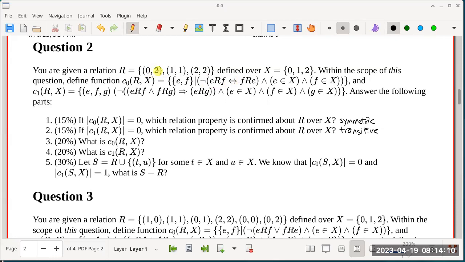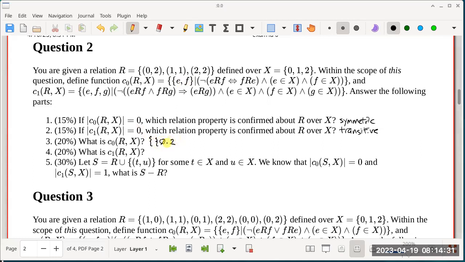So this is where it is important to know what each element looks like in the set that is generated by C0. It is a set of sets. In this case, EF needs to be 0, 2 or 2, 0. So it would be a set where the element in it is just 0, 2.